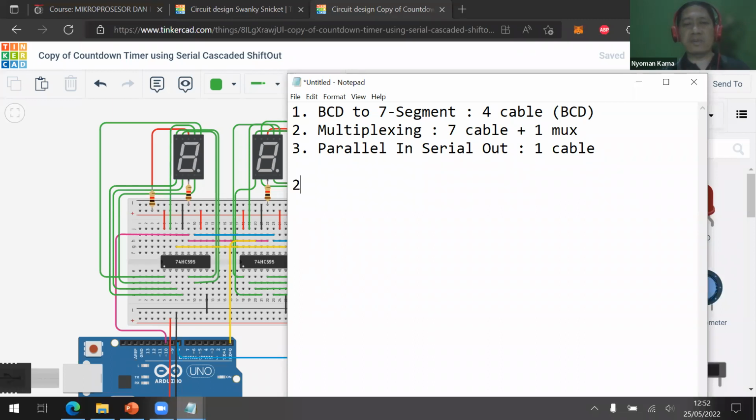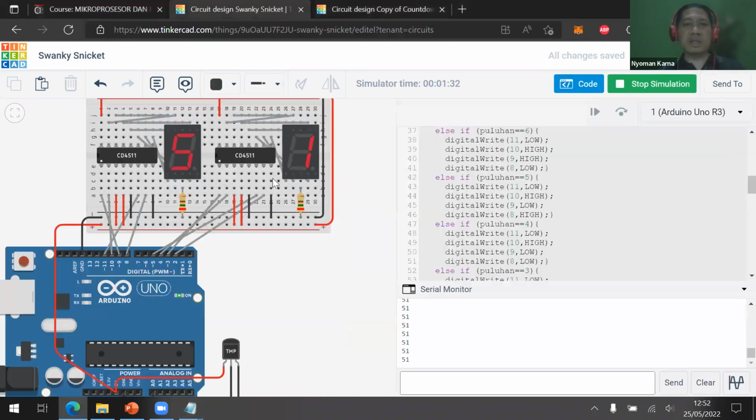If we have 2 7-segment, solution number 1 needs 4 cable times 2. So we need 8 cable, just like our example in here. We need 8 cable, 1, 2, 3, 4, 5, 6, 7, 8.